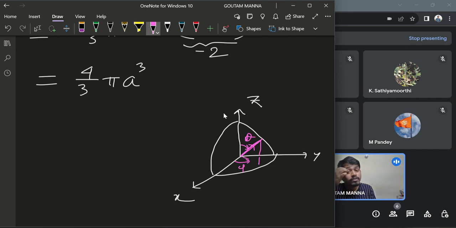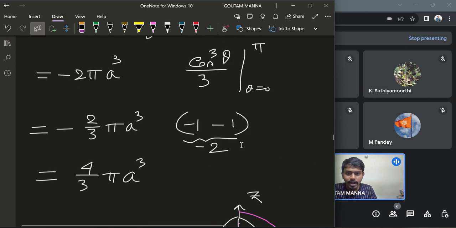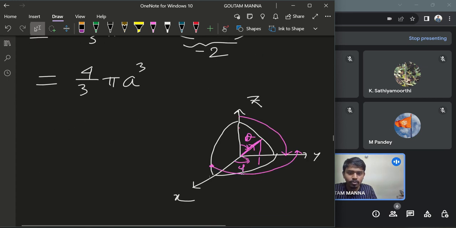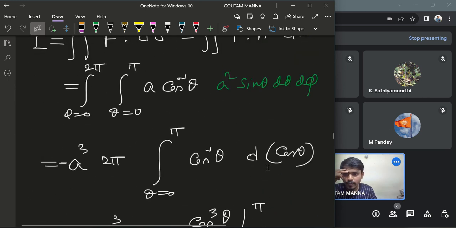Theta will be going from 0 to pi by 2. If theta is pi by 2, then we will come to the xy plane, and that's it. And phi will be going from 0, while we are on the xz plane, to pi by 2. That will move to the yz plane, and that way we will stay in the first octant. So the theta limit is from 0 to pi by 2, and the phi limit will also be from 0 to pi by 2.